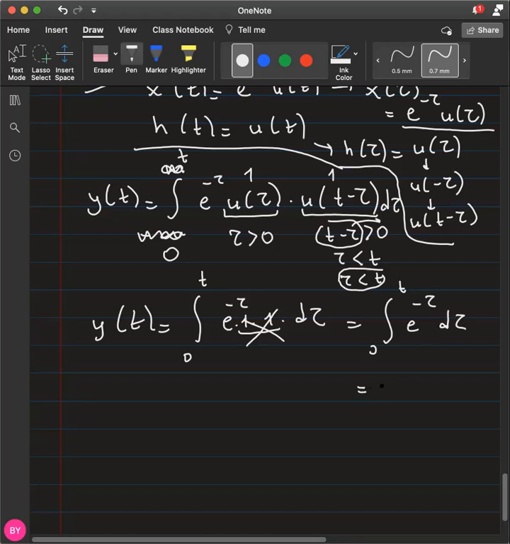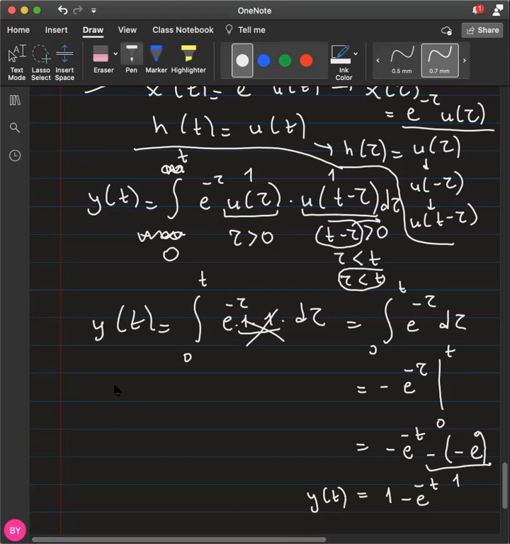Then I will find minus e to the power minus tau from 0 to t, because this one goes down. Then I will put minus e to the power minus t minus e to the power 0, right? If I put 0 here, it will be 1, minus minus 1. So the final value is 1 minus e to the power minus t. Okay, this will be my output.